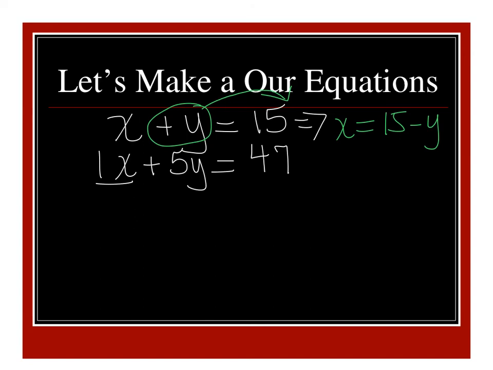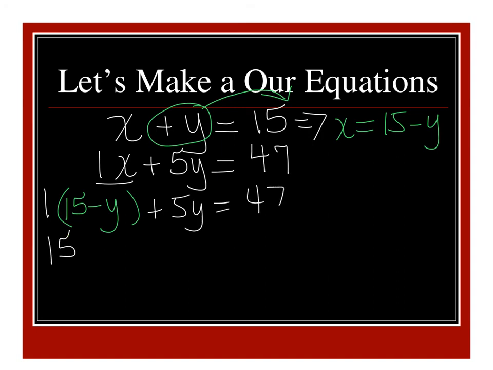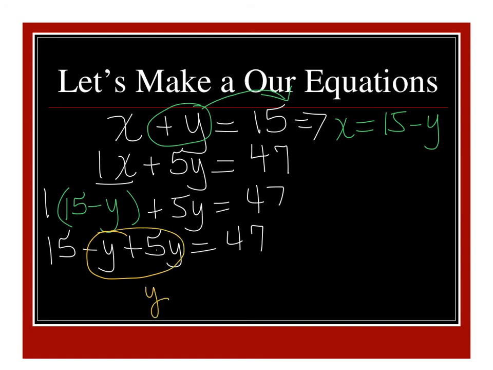Everywhere I had an x, I'm going to put a parentheses, and inside that parentheses, I'm going to substitute in the value I know to be my x. Then when I distribute and combine my two like terms, they both have a y, and 5 minus 1 is 4. So I have 15 plus 4y equals 47.